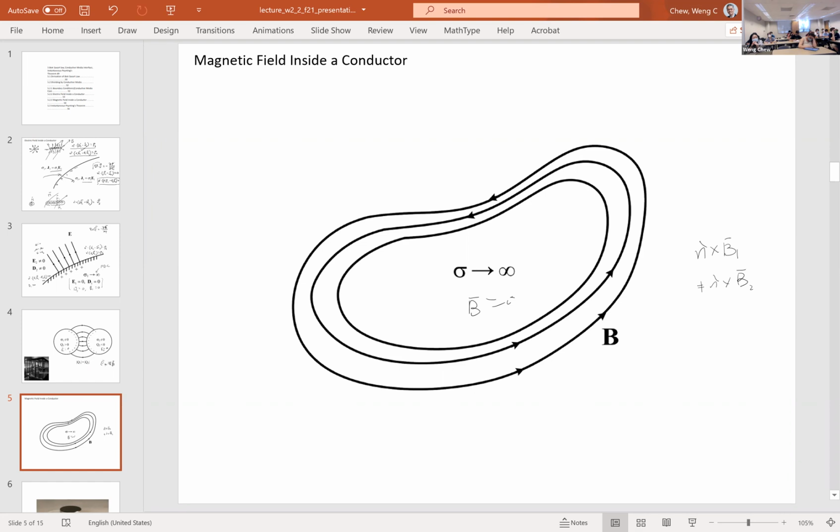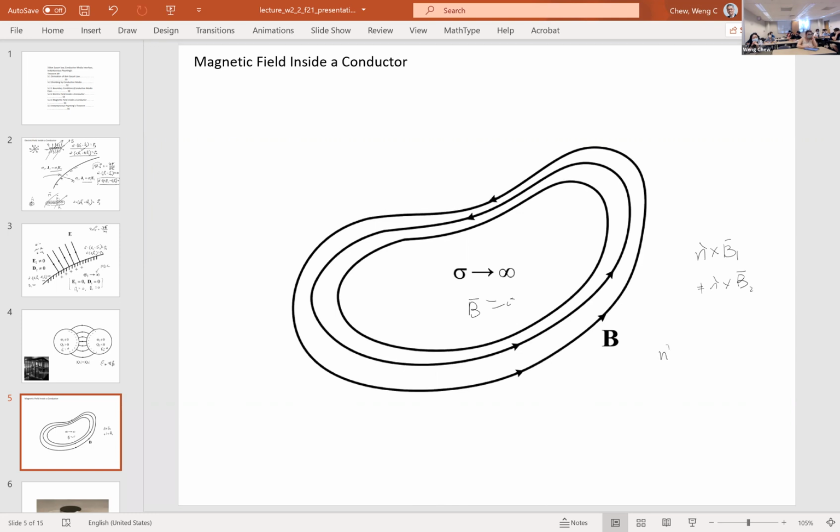Okay, because it's zero inside the object, it's non-zero outside. This can only happen if there is a surface current, as we have learned from our boundary conditions. Our boundary condition says that for magnetic field, N cross H1 minus H2 has to be proportional to the surface current between the two regions.